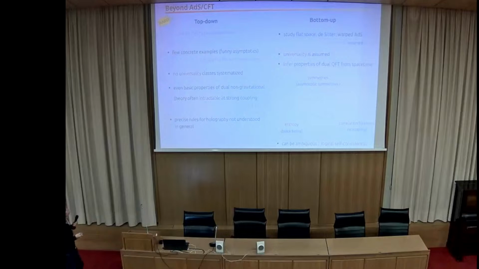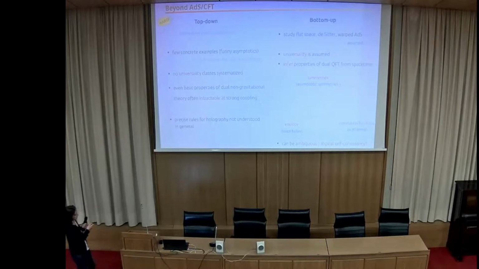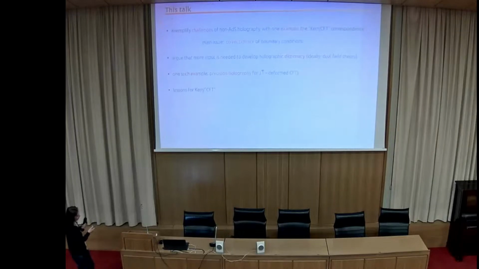So there are actually a lot of ambiguities, and there's nobody telling you that the choices over here, whatever answers you get from this, are going to be logically self-consistent. They're going to actually correspond to a theory. So that's a little bit of the problematics of non-AdS holography.